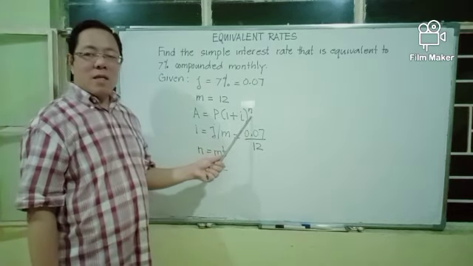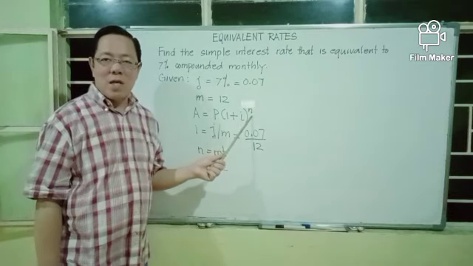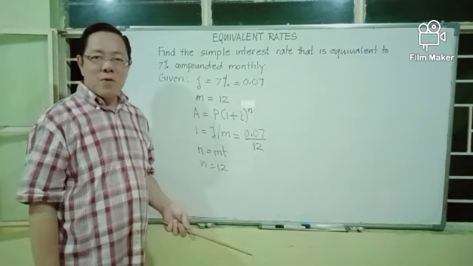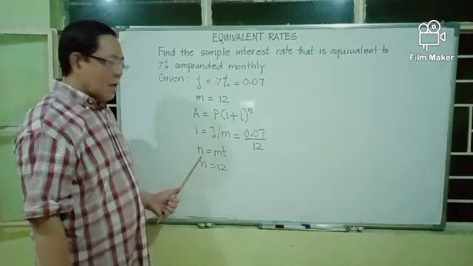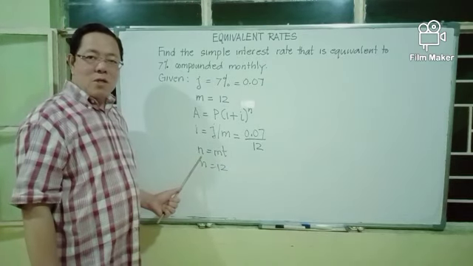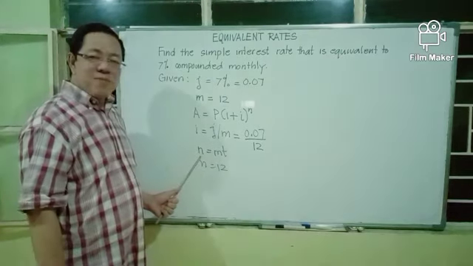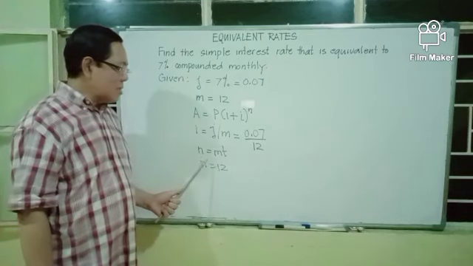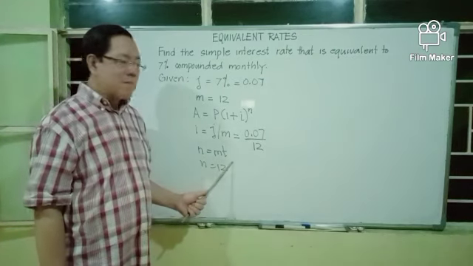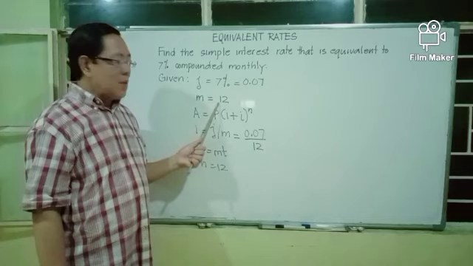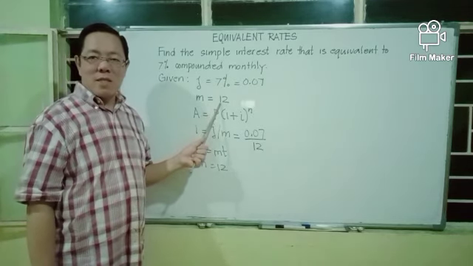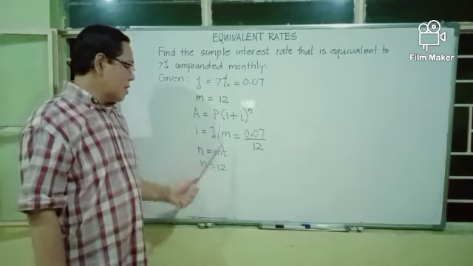And the exponent N is the total number of interest computations in T years, and N is equal to M multiplied by T. In our example, M is 12 because the interest rate given is compounded monthly.